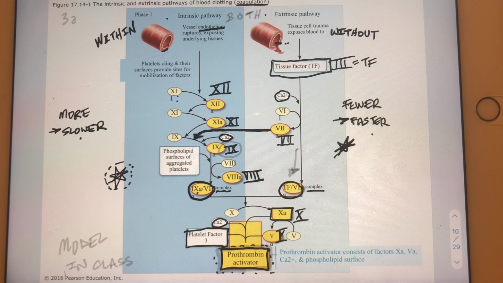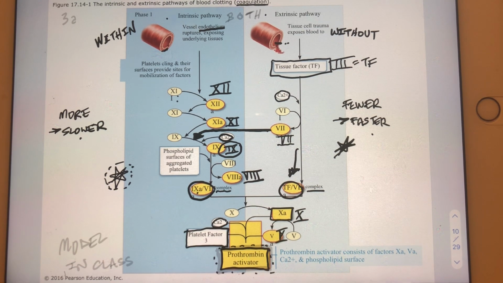Well, if both extrinsic and intrinsic pathways are co-triggered, co-stimulated, then activated 7 not only combines with tissue factor to help activate 10, but it also feeds into the intrinsic pathway and facilitates the activation of clotting factor 9.